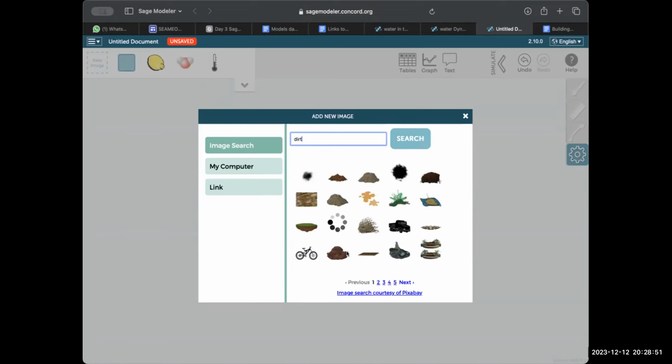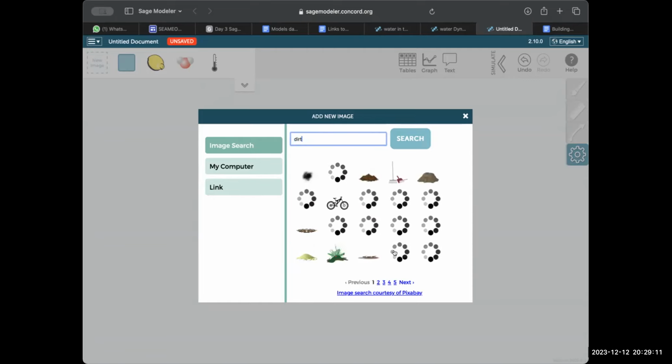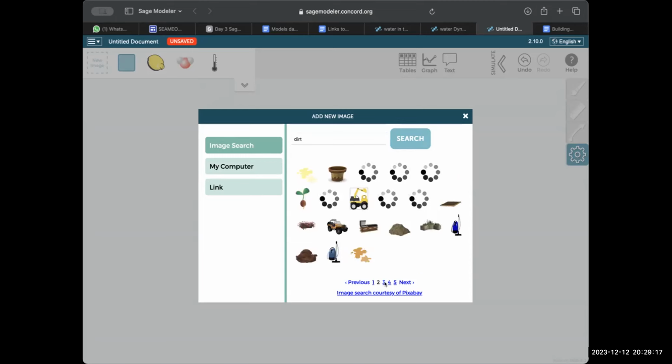Maybe something. There's more than 5 pages of ideas, right? But you just need something to represent the water quality test. Sometimes you'll find temperature, that's an easy one.